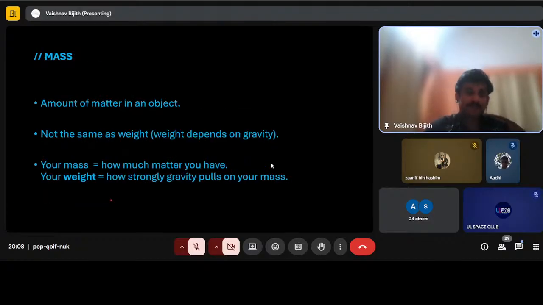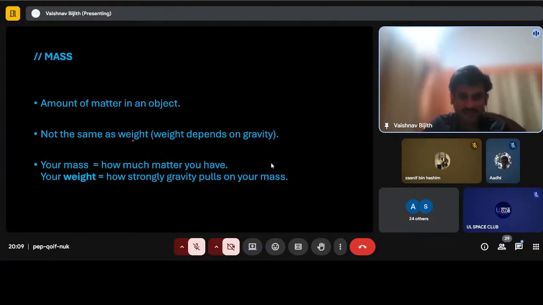And next up, we have the mass of an object. So mass is all about how much matter constitutes an object. And one of the common mistakes that we all make is that we consider mass equal to weight, but that's not true. Ever since we were born, we were taught that weight is how much we weigh.